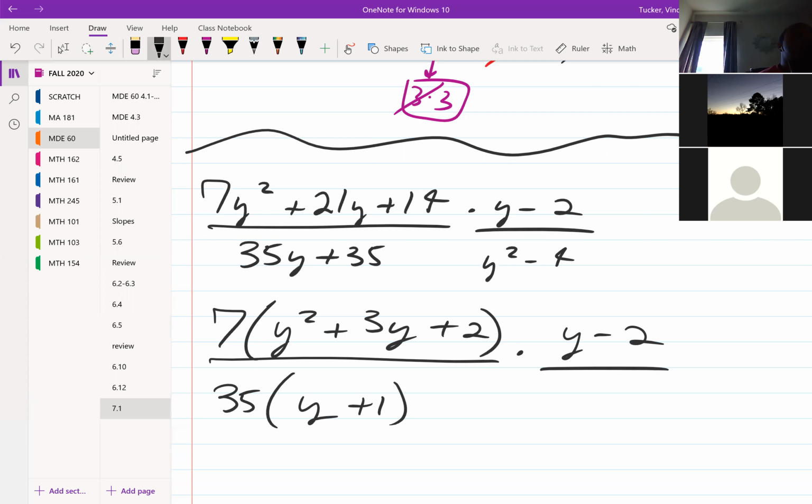But y squared minus 4 is the difference of squares, so it's y plus 2, y minus 2. Also, this trinomial can be factored.